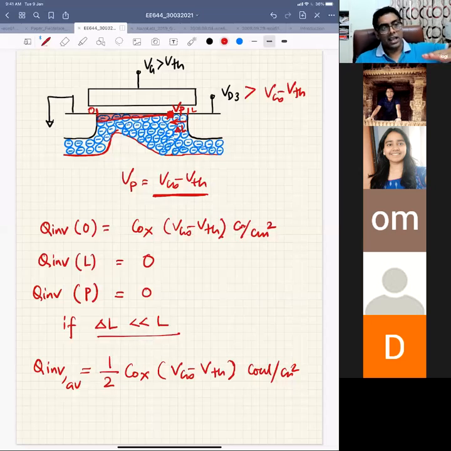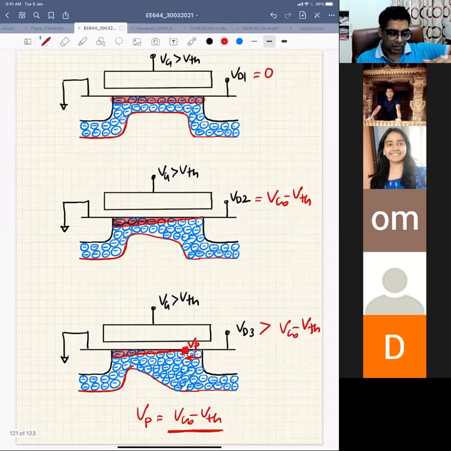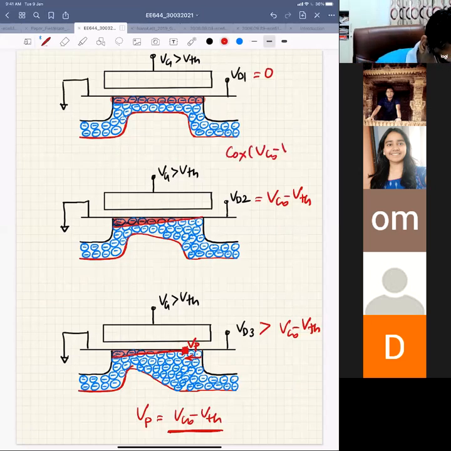Coming back, when VD equal to 0, your average charge is Cox times VGS minus VTH in the channel, because the source side has Cox VGS minus VTH and the drain side has Cox VGS minus VTH. It is uniform, so the average charge is Cox times VGS minus VTH.